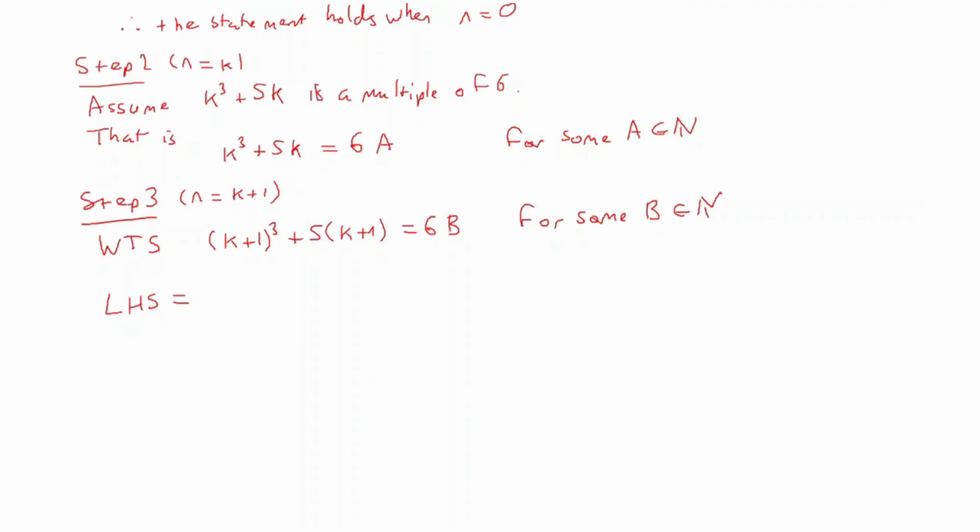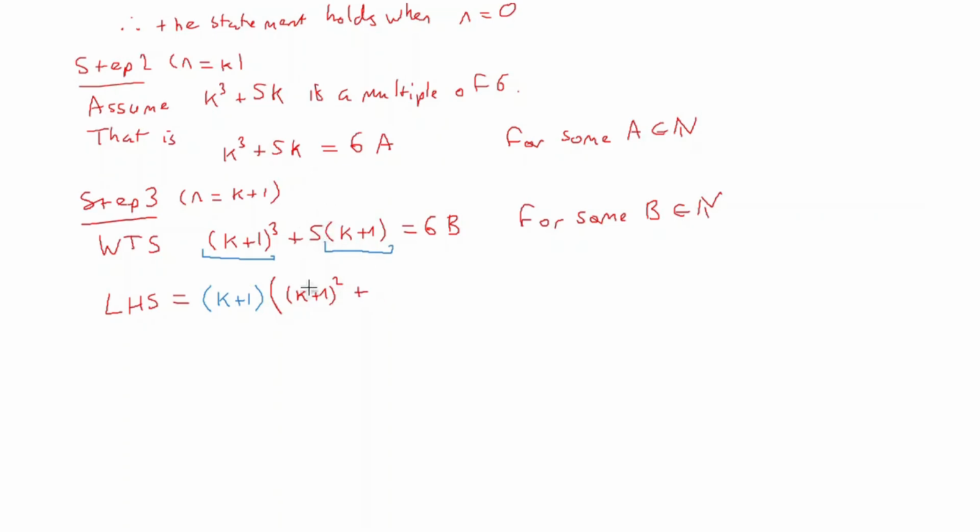But actually we can be a little bit clever here and do a little bit of factorizing, because these two terms have a common term of k plus 1. So we can factorize out k plus 1 at the front and then think, what do we have left? Well, for k plus 1 cubed, we need to multiply k plus 1 by k plus 1 squared.